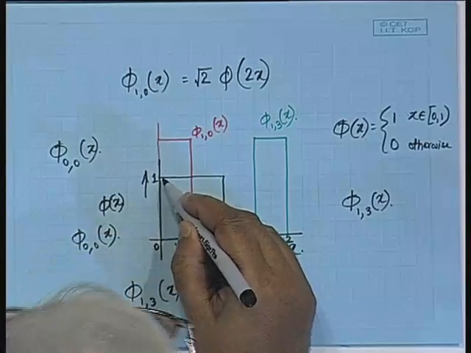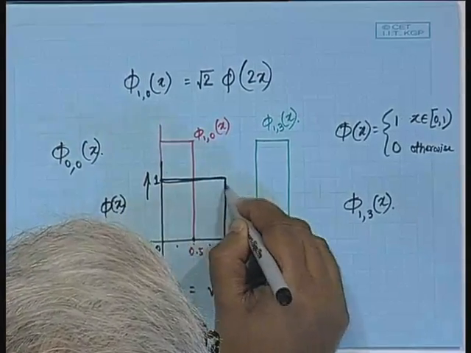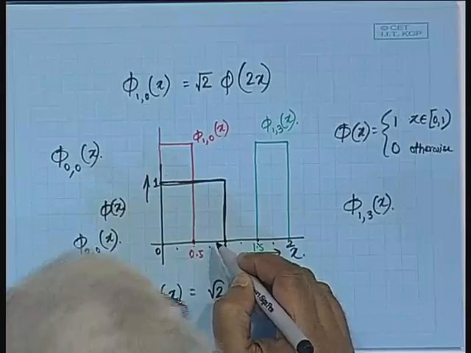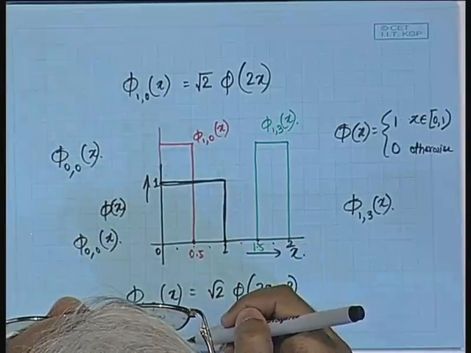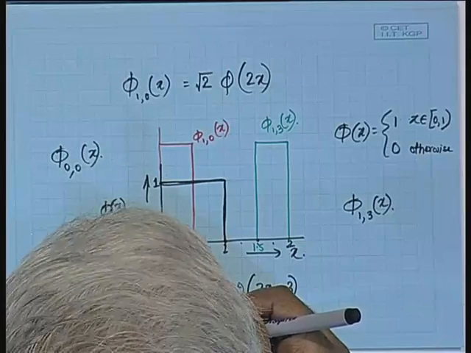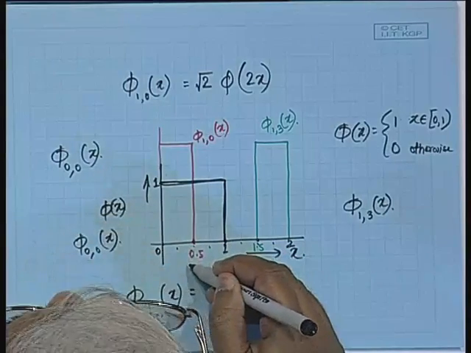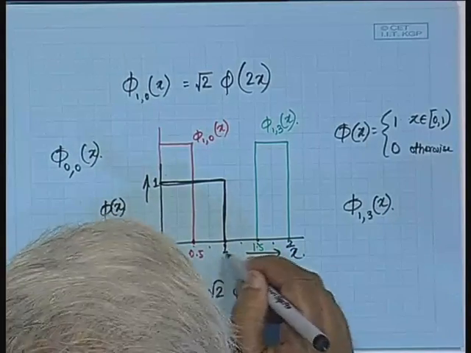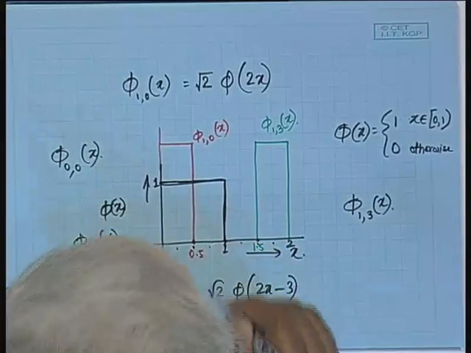Just repeat the question again. Can I use this function to approximate this function? Not possible. Why? Because its width is 1, whereas its width is 0.5. So, I cannot use this function to analyze this one, this red one.